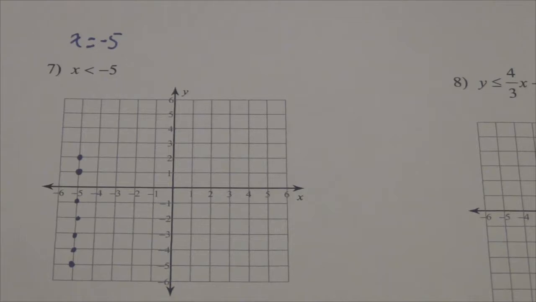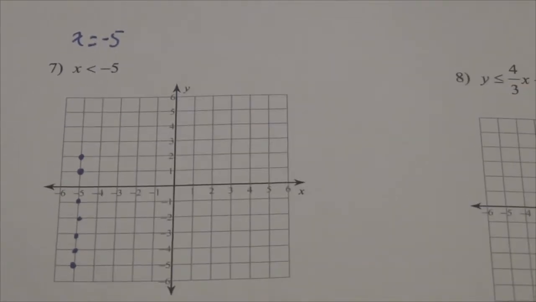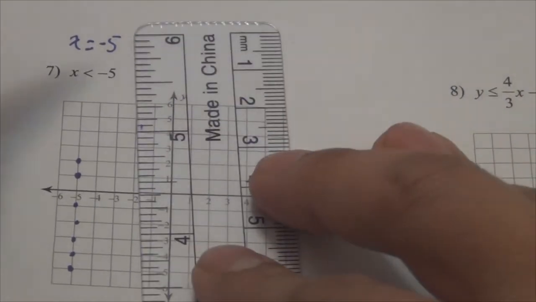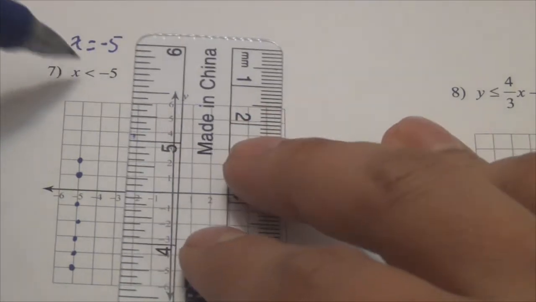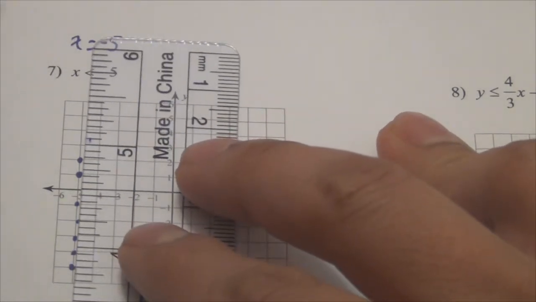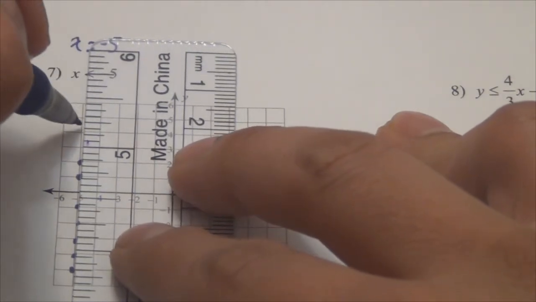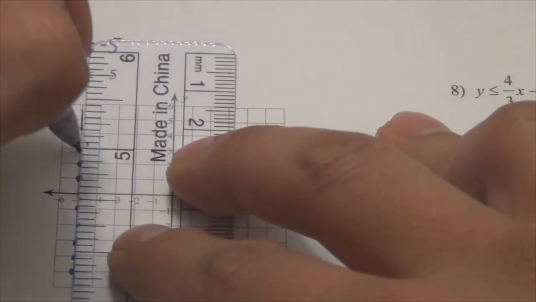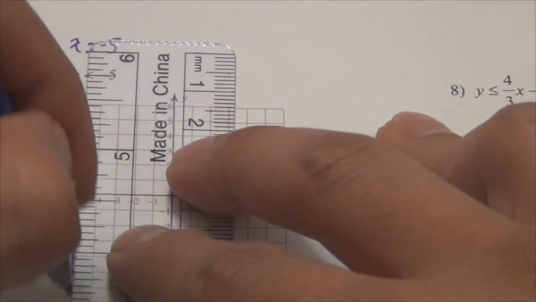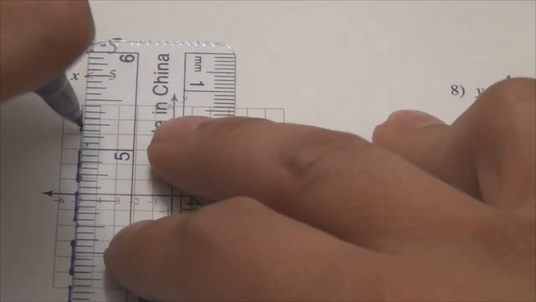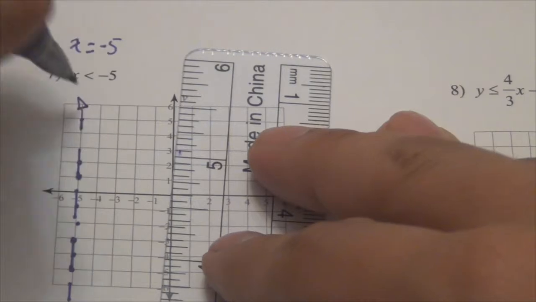So now you trace your line. Now, is it going to be solid or dashed? Easy. It's going to be dashed because it's less than. Now, this is the only problem that cannot be done on the calculator. Everything else you could do on the calculator. You cannot graph x equal to. So you have to know.